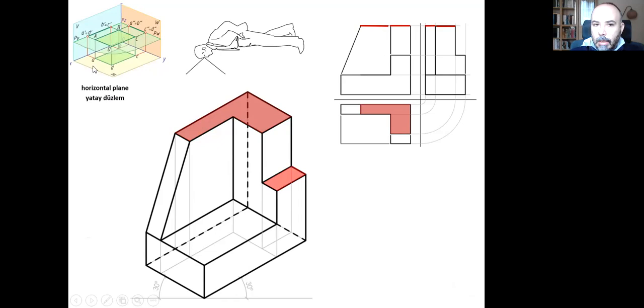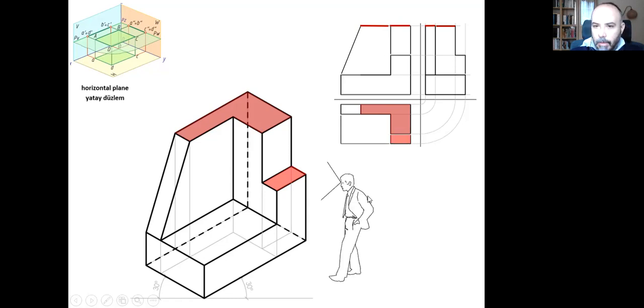Here, it's again another horizontal plane at a different level, at a lower level, and this person is looking down, and it appears here. And since there is this level difference, I need to leave this gap here, both with my drawing and my coloring.